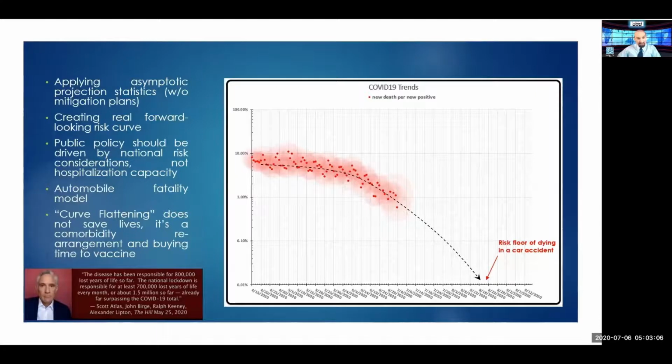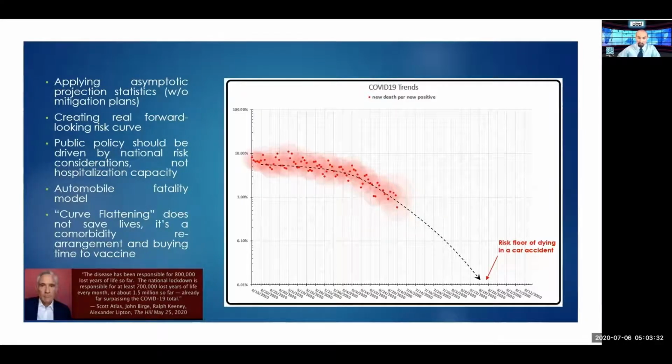Public policy planning should not be driven by hospitalization capacity considerations, but it should be based on risk considerations. Now, this is what flattening the curve suggests. It's a hospitalization capacity calculation. Now, we know that we don't do this with the automobile fatality model, for example.